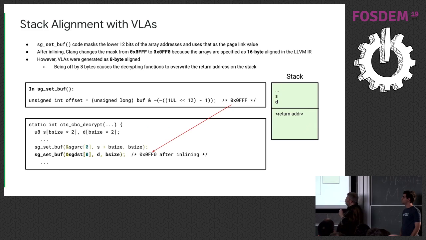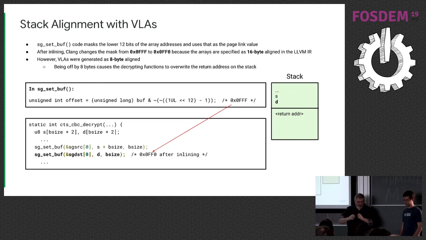And what was happening is, after it set this buffer like this, it would put a whole bunch of data in there, of course, and it would end up overwriting the return address because of the misalignment, basically. All the lower bits there would just be cleared out, and it would be off by 8, and everything would blow up.